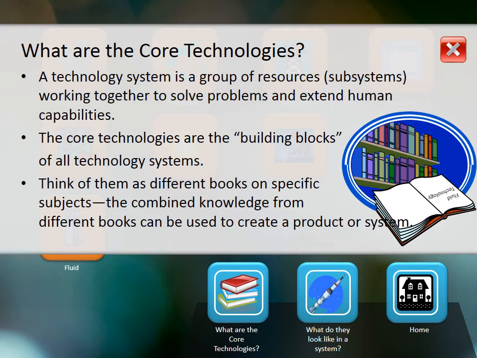They're the building blocks of our technologies. We look at different subjects, we can look at the knowledge we have, we can write additional books, we could do studies. And when we do these studies, we ourselves become more knowledgeable.